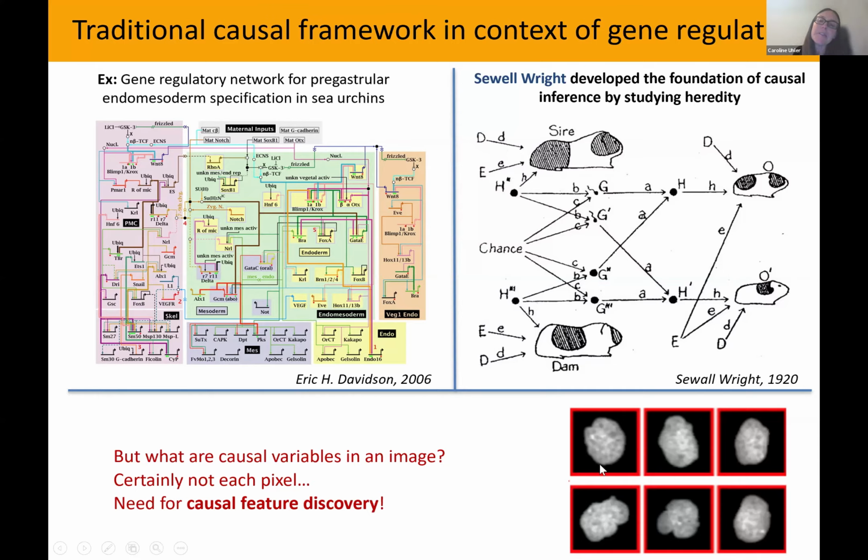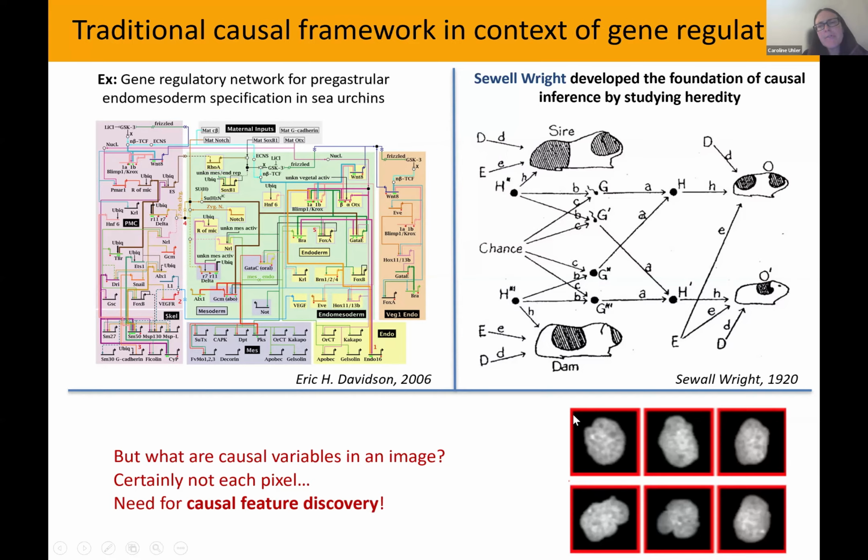Now, it's not clear in an image like this of a single cell, here's a nucleus image, what the nodes of the causal graph are. It's certainly not pixels, because this pixel has nothing to do with the same pixel in a different image, since these cells are just put there in some way. So there is no alignment of cells.